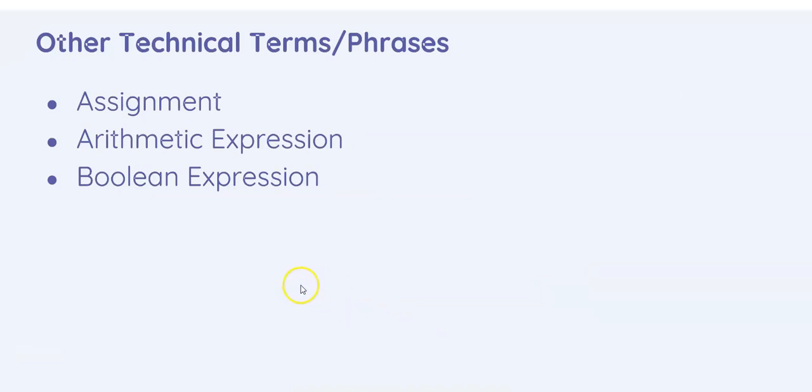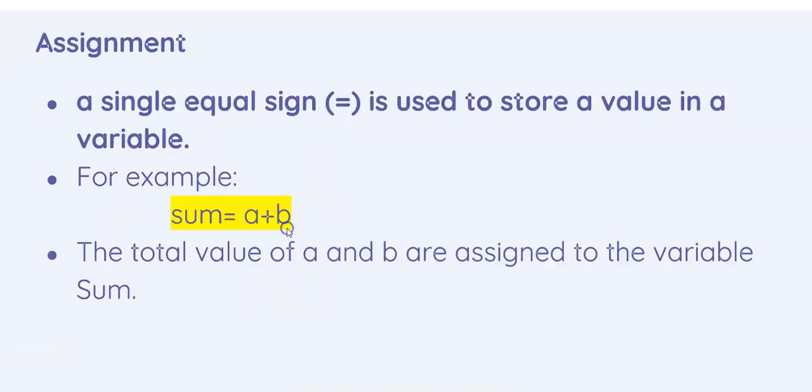Now we're going to be looking at these quick technical terms: assignment, arithmetic expression, Boolean expression. An assignment is a single equal sign, and this is used to store a value in a variable. For example, the value of A plus B is being stored in the variable sum.